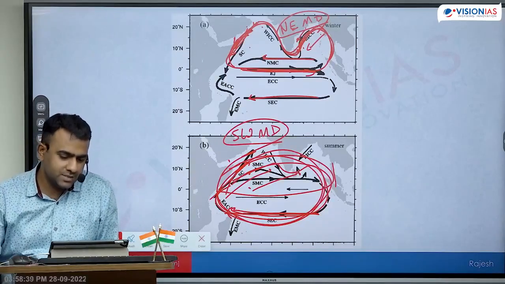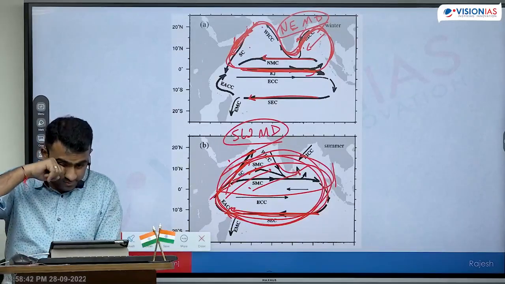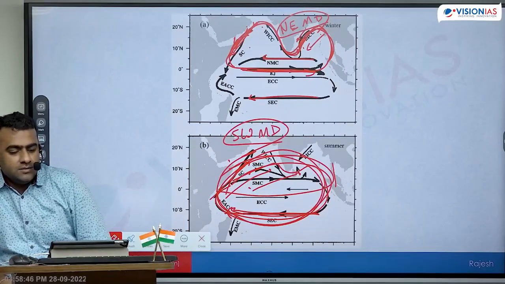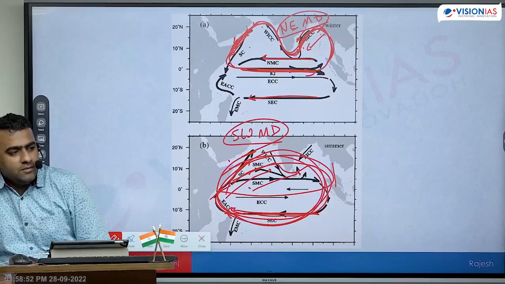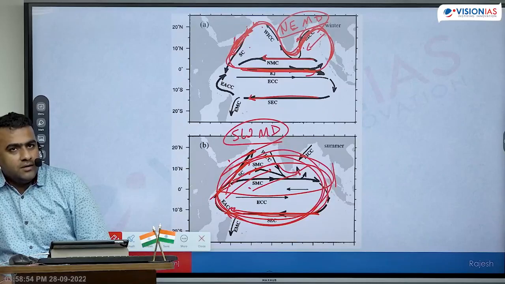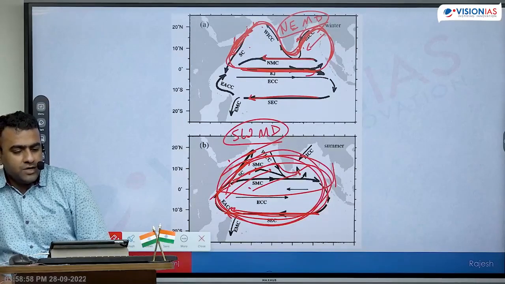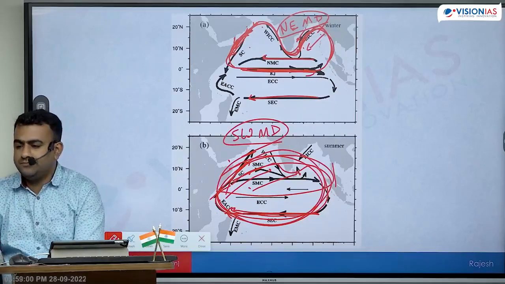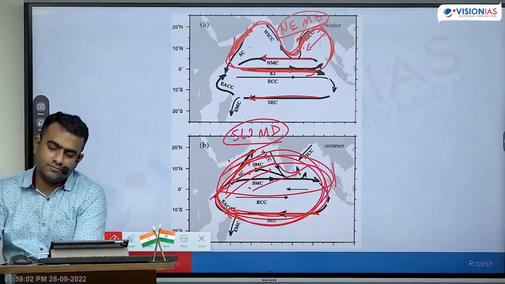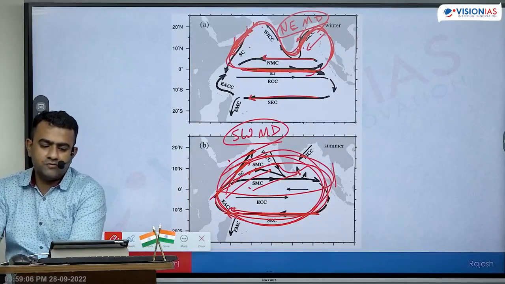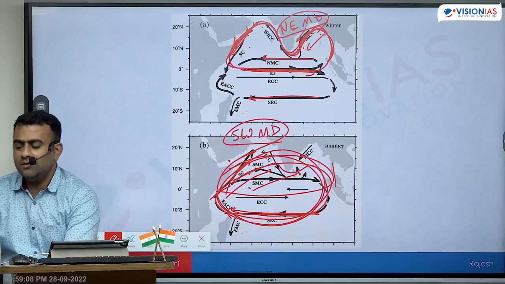In winters, the north equatorial current flows westward above the equator.